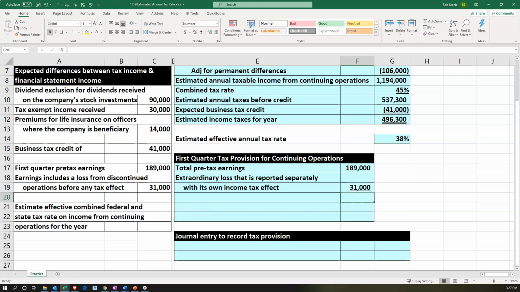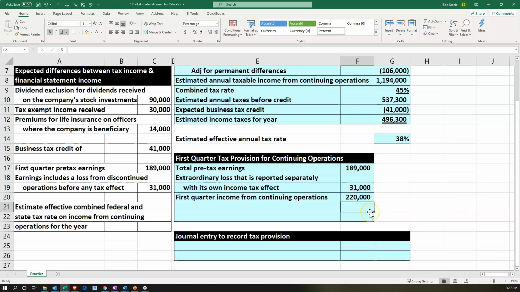So this is going to be the first quarter income from continuing operations. And that's because this 31,000 earnings includes a loss from a discontinued operations before any tax effect. So we're going to add that item back in. That loss, 31,000, was included in the 189,000. So we're going to sum this up. And that's going to give us our 220,000.